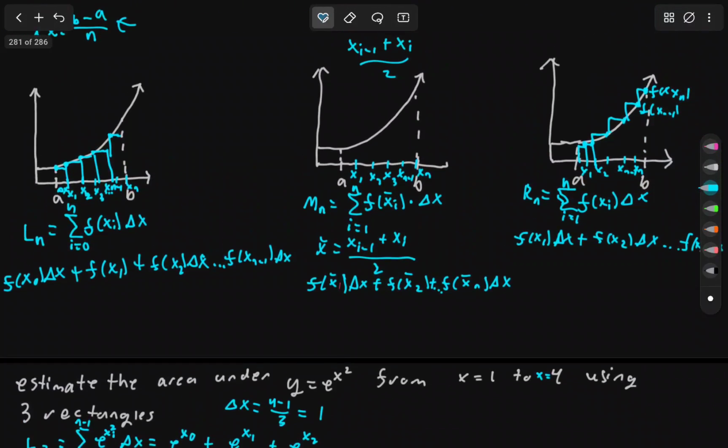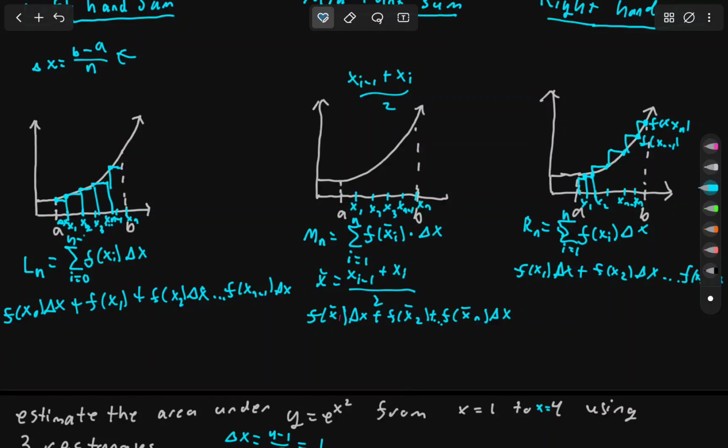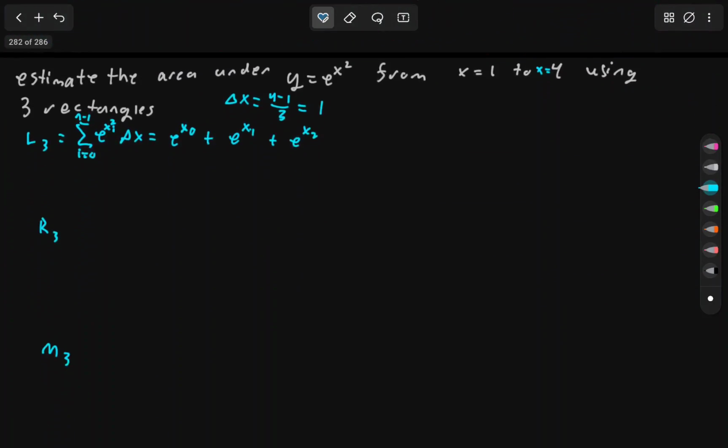And I've realized that I misspoke up here. This should be n minus 1. Another equivalent form of saying this is also the sum from i is equal to 1 to n of f of x of i minus 1 times a change in x.